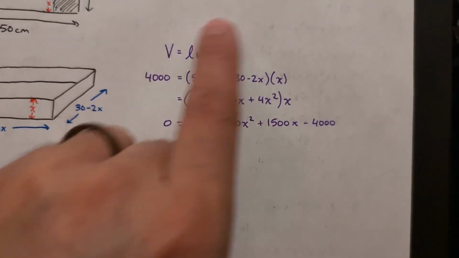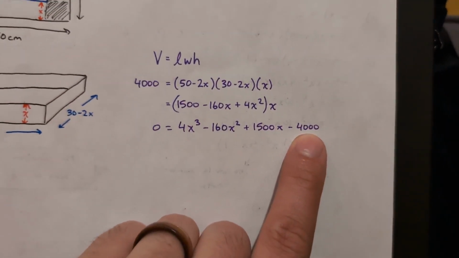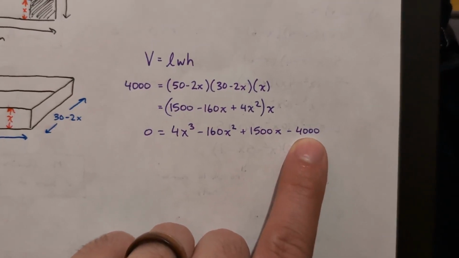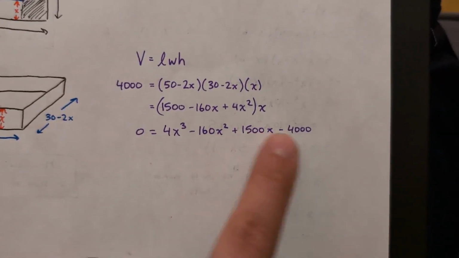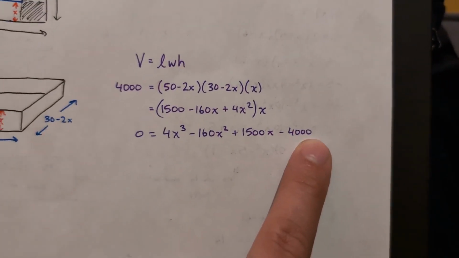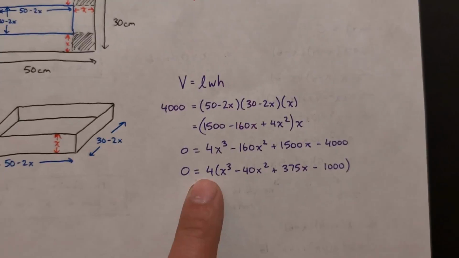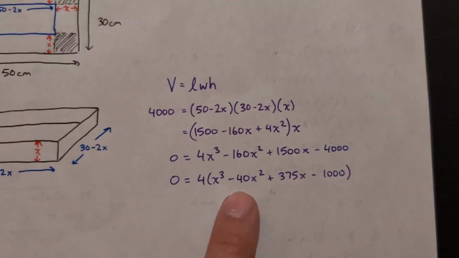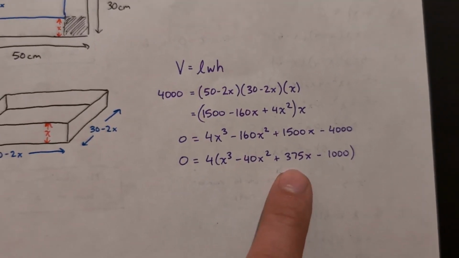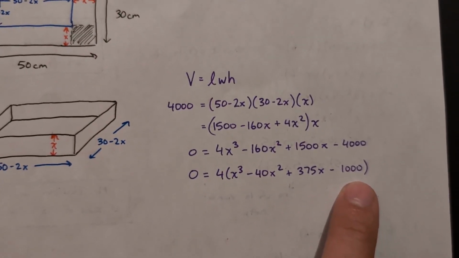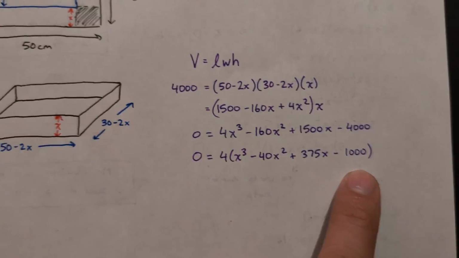The 4,000 came over to this side and became negative 4,000. Before we do anything, there's a common factor, so let's take that out. Taking out a common factor of 4, we're left with x cubed minus 40x squared plus 375x minus 1,000. No grouping is going to work.